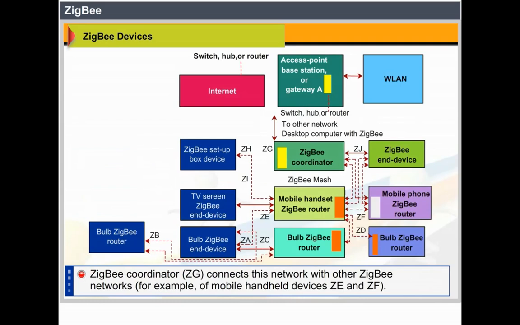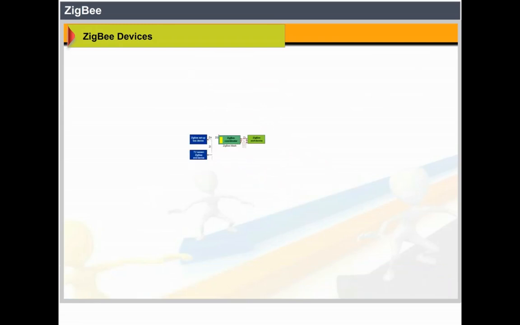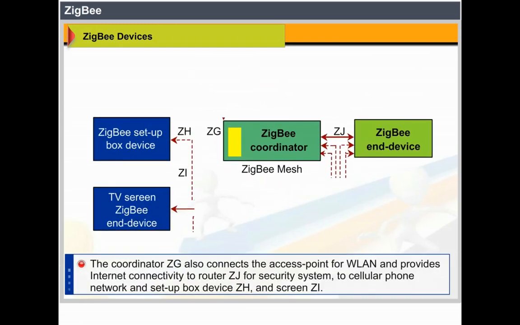ZigBee coordinator ZG connects this network with other ZigBee networks, for example, of mobile handheld devices ZE and ZF. The coordinator ZG also connects the access point for WLAN and provides internet connectivity to router ZJ for the security system, to the cellular phone network, and to set-top box device ZH and screen ZI.